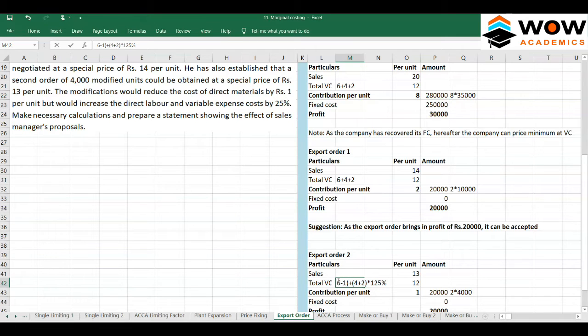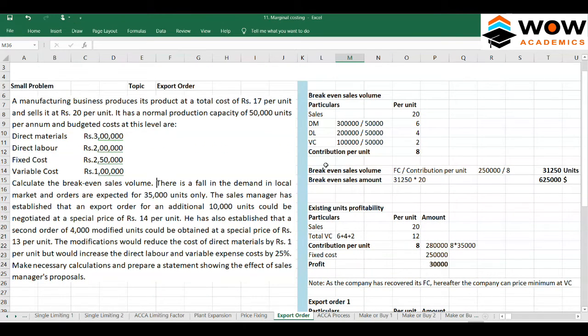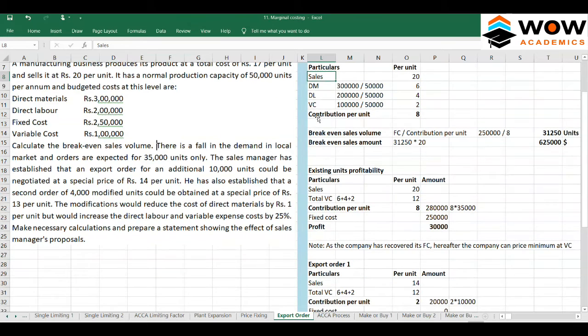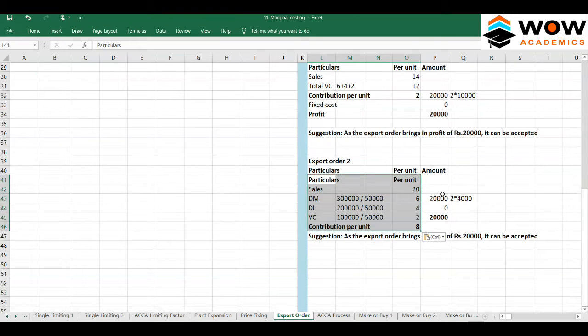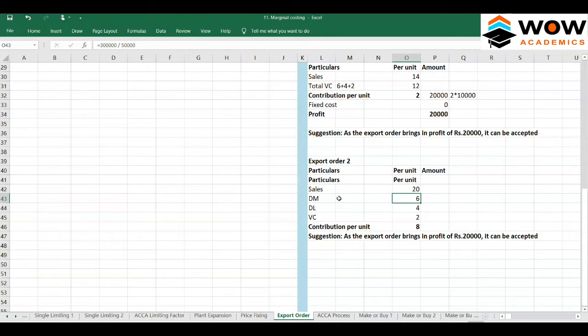If you want, we could show it separately. I think we'll show it separately so that you'll get a clear picture. Okay, so direct material is 6 per unit.